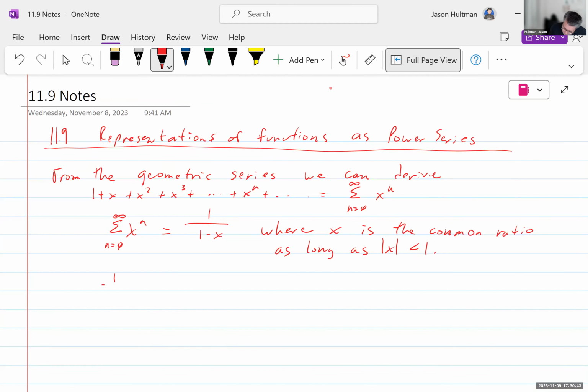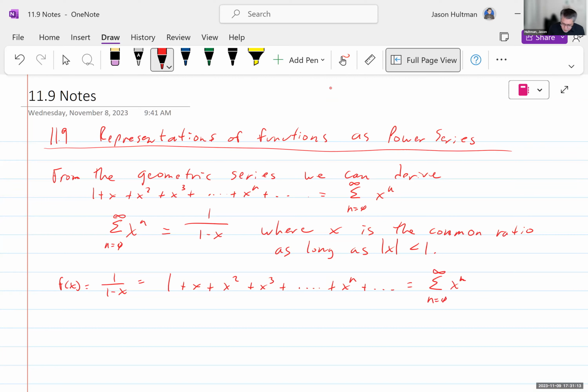Okay, so we can say that this function, f of x equals 1 over 1 minus x, is equal to 1 plus x plus x squared plus x cubed plus x to the nth, plus ... goes on forever, which is equal to the sum of n equals 0 to infinity of x to the n.